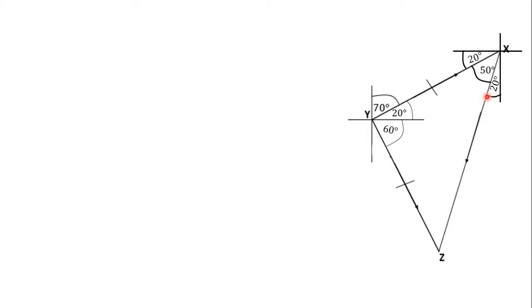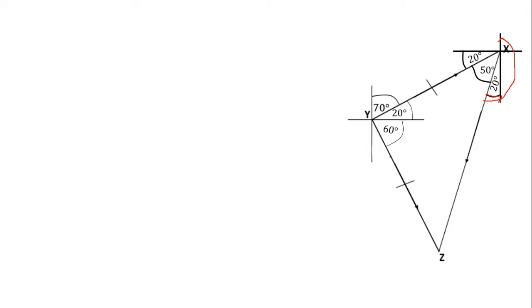That was what we were looking for. We said that as soon as we get that angle, to find the bearing of Z from X, it is going to be from this side here, up onto the line connecting X to Z. And we have been able to find this angle here to be 20 degrees. We know that from the zero line to this side here is 180 degrees.